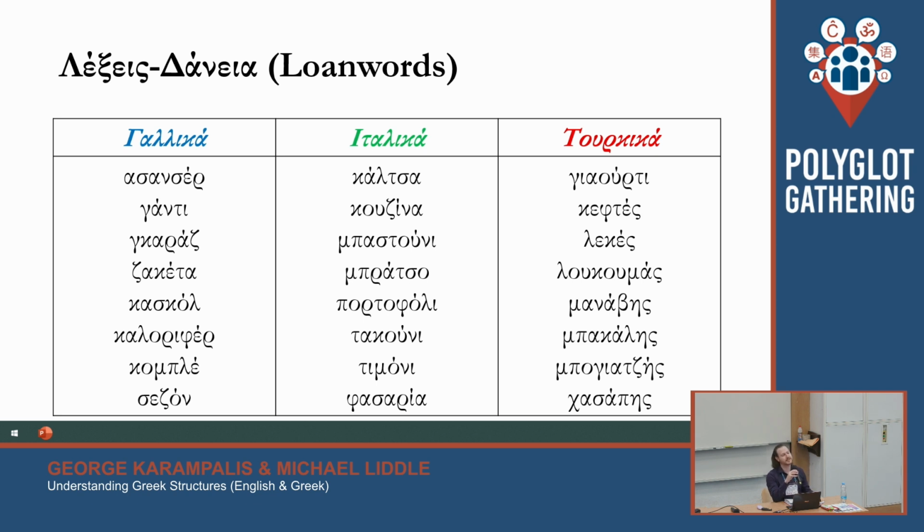So, can I have a volunteer to read the French words in this first column? Someone who speaks French, who is confident? Read them in Greek first. Just read down the list for me. Is it maybe someone who can read Greek?